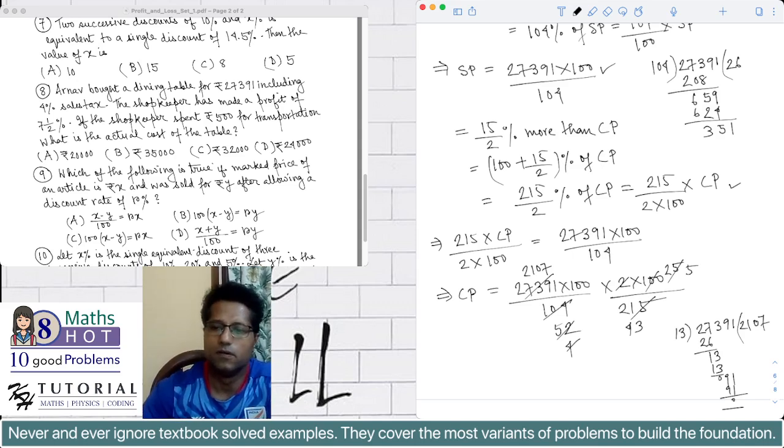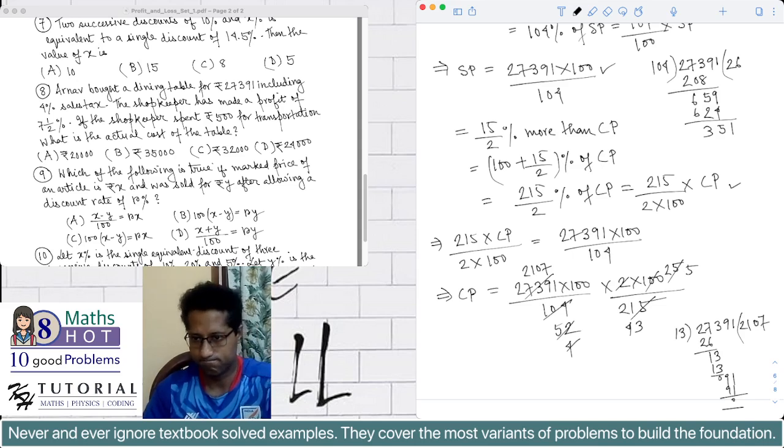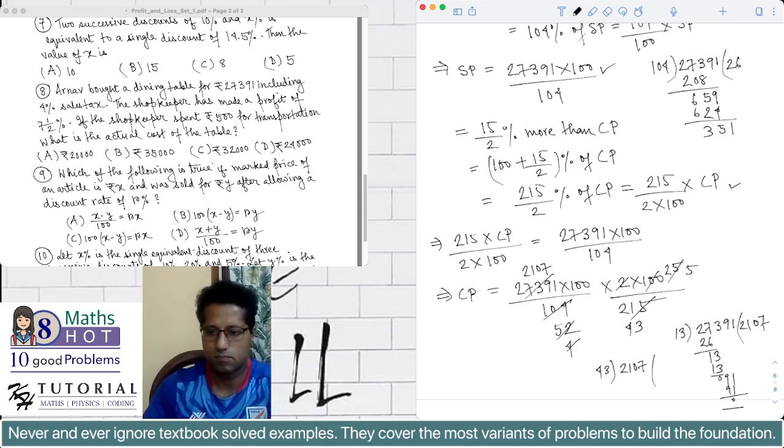And will 43 divide 2107? Sorry for my clumsy calculation. 4, 12, 7, 8, 3, 7, 9. So 43 divides 2107 with 49.